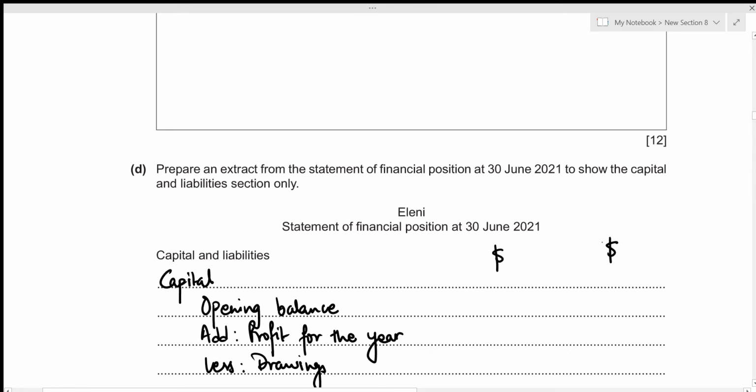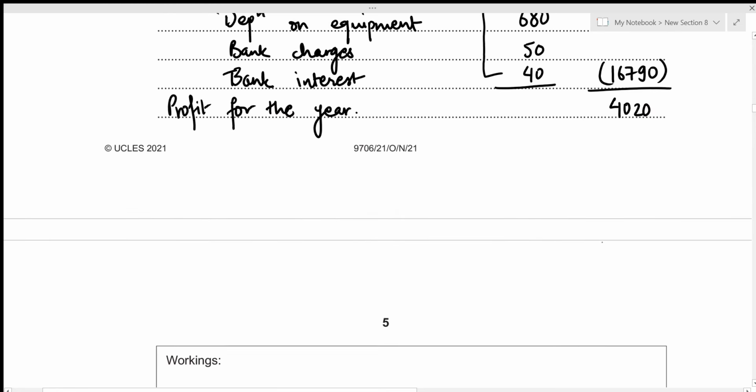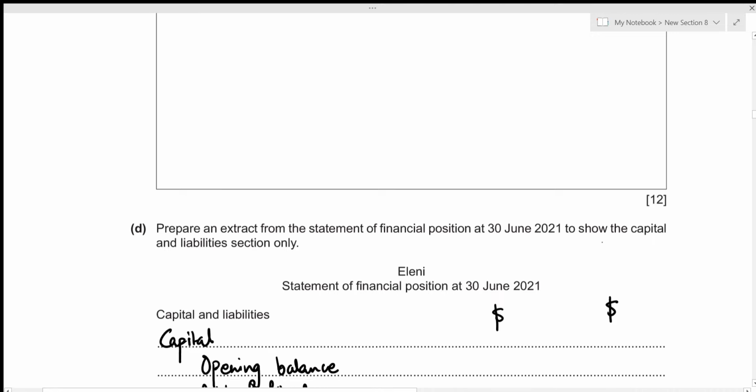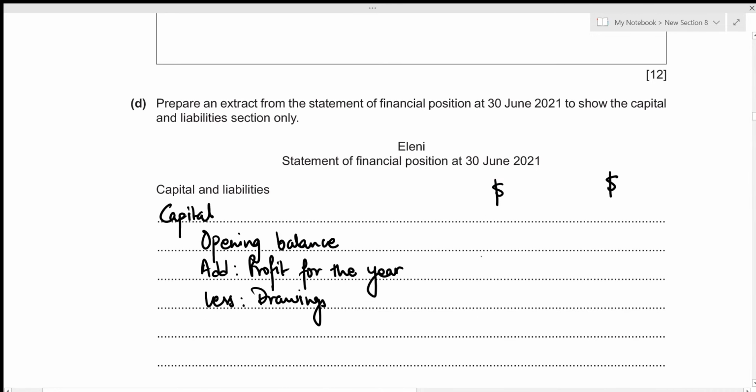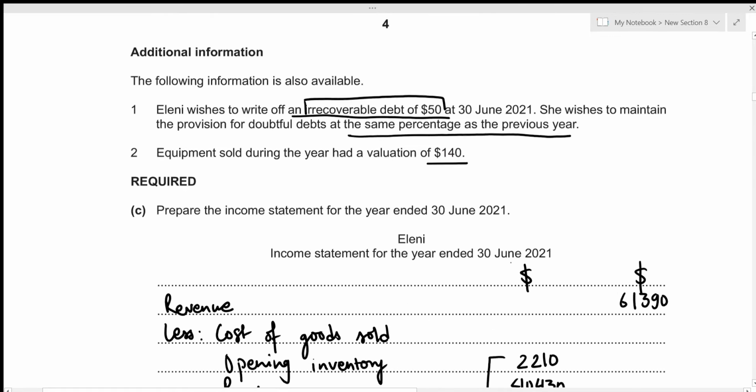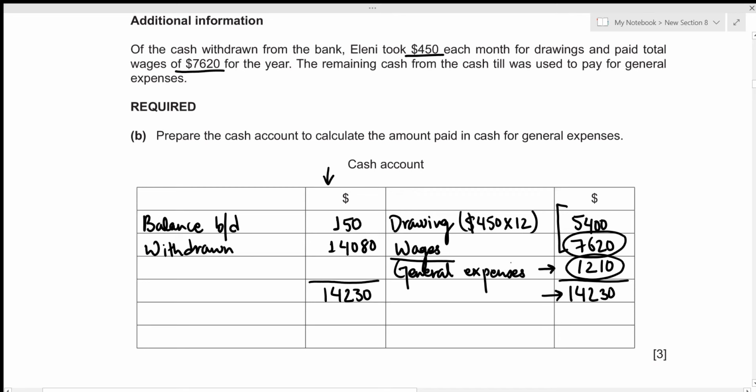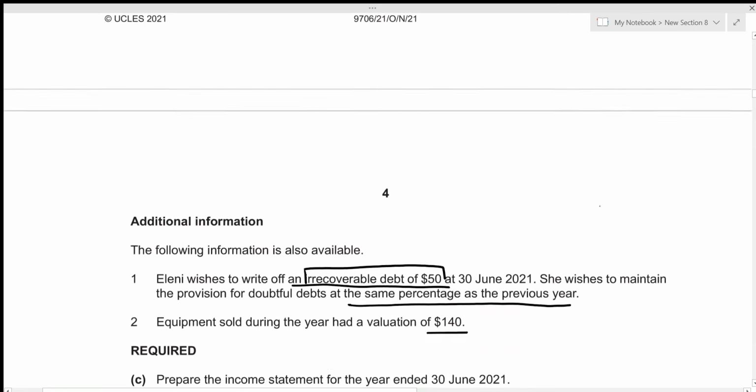Okay, let's first substitute the values for profit and drawings. So profit for the year was 4,020. Let's write that down. And we calculated the drawings in the cash account, which we did in the second part. So drawings is given right here as 5,400. Let's substitute this value again.